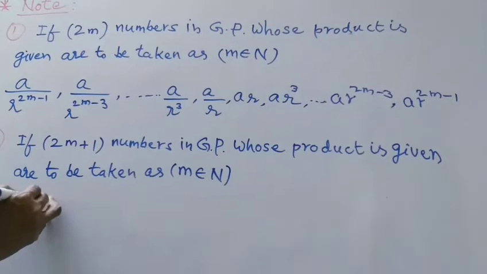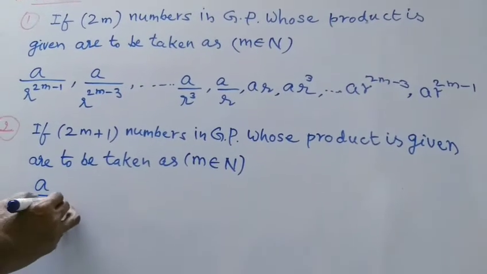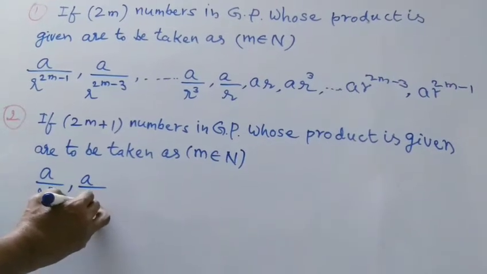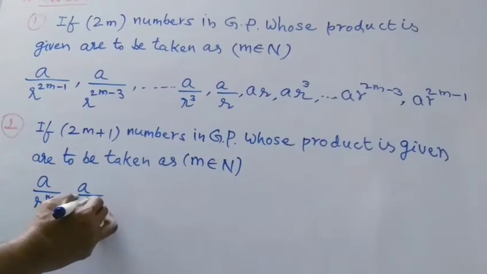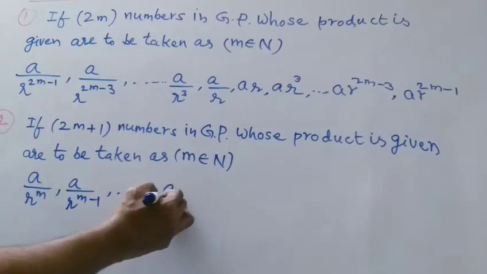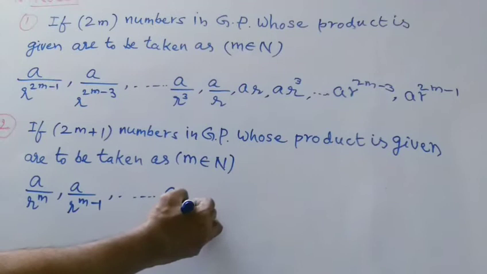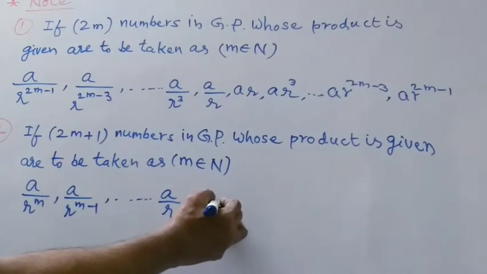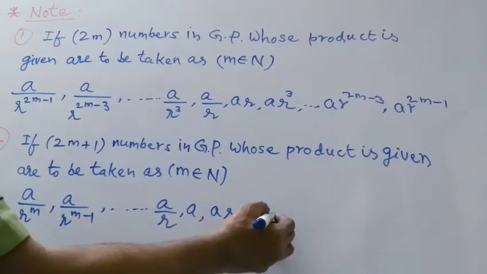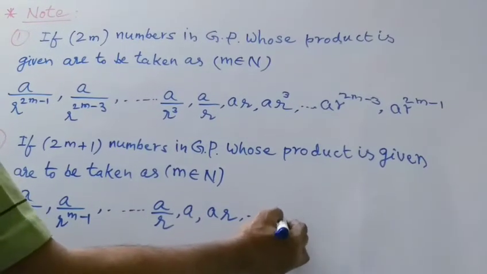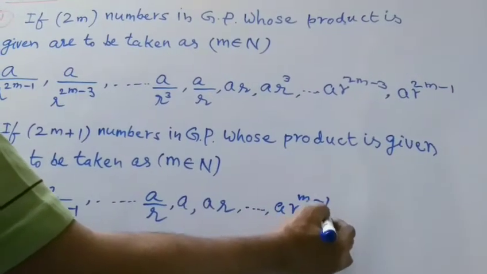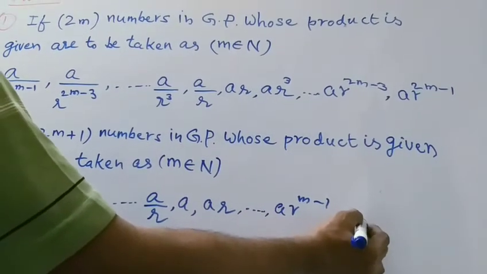a by r to the power of m, a by r to the power of m minus 1, and so on, a by r, a, a into r, and so on, a into r to the power of m minus 1, a into r to the power of m.